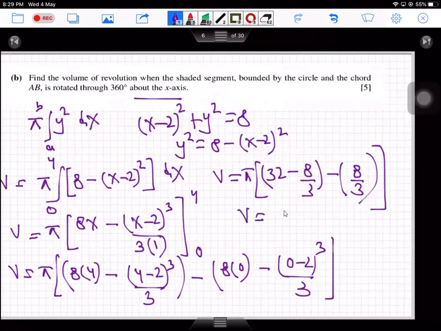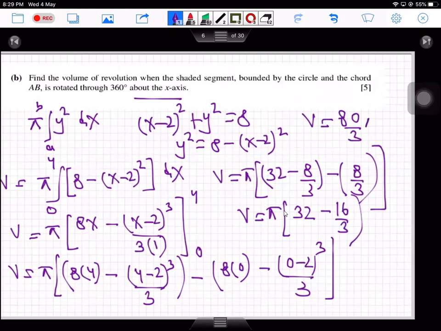So volume is equal to pi multiplied by 32 minus 8 over 3 minus 8 over 3, which is obviously minus 16 over 3. So 32 minus 16 over 3 is how much? 80 over 3. So volume is equal to 80 over 3 multiplied by pi.